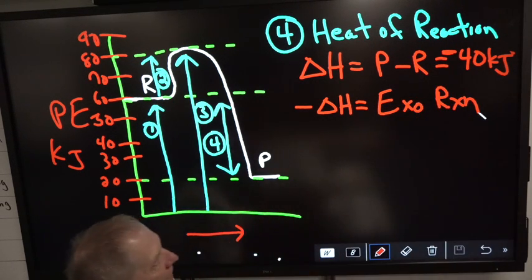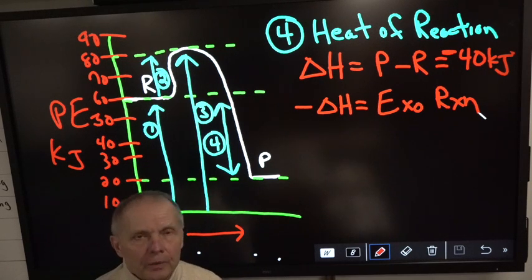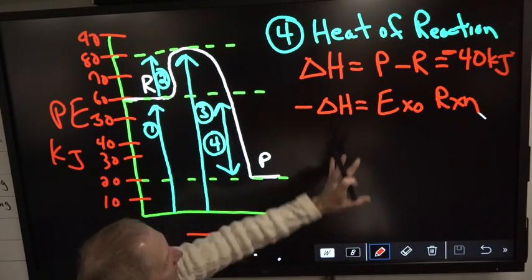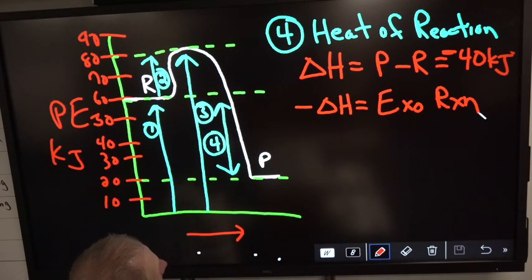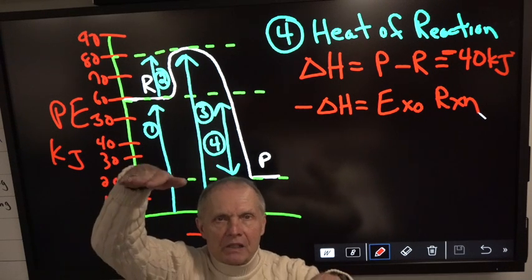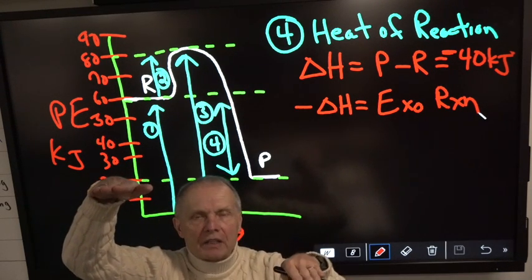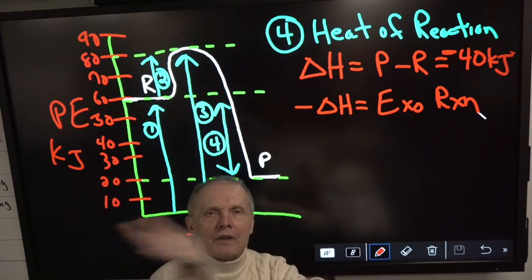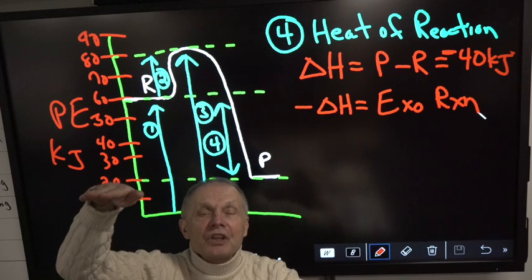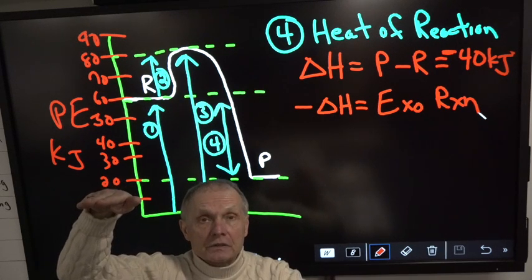So a negative delta H is an exothermic reaction. And there's a lot more about that, but I just want to get all these done now. So I always do this with my class. This is the reactant, this is the product. If the products are lower than the reactant, that means more energy was given off, and it's an exothermic reaction.